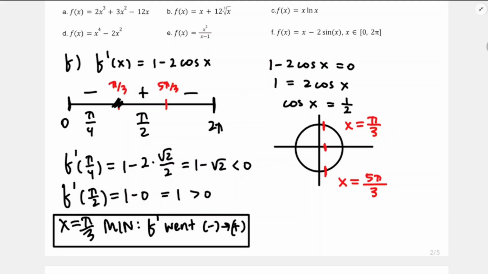It's going to be a little noisy here. But x equals 5 pi over 3 is going to be the location of a relative maximum because the derivative f prime went from positive to negative.